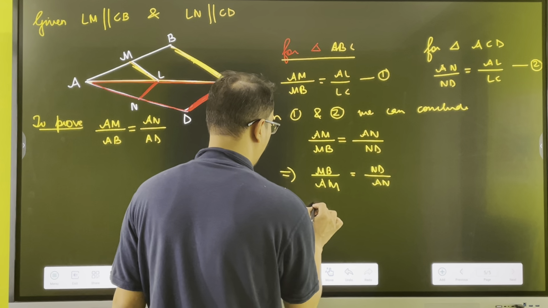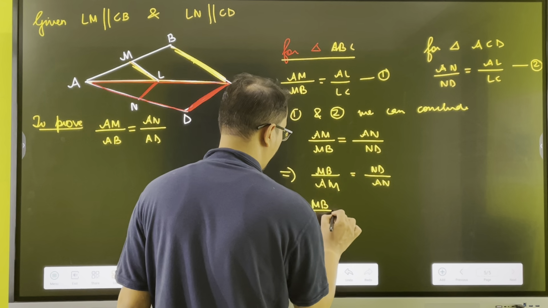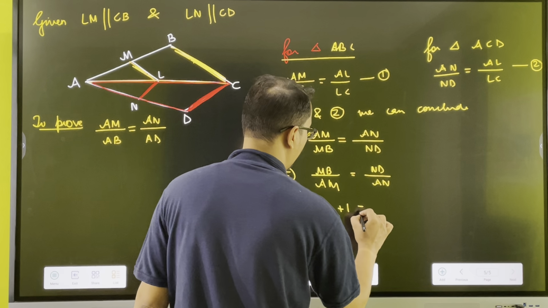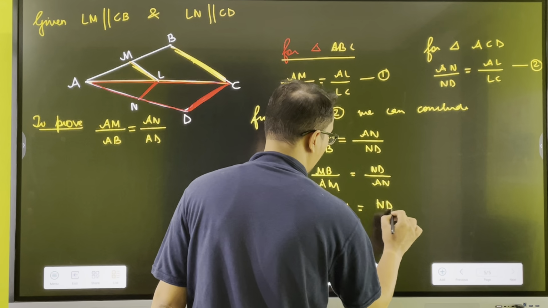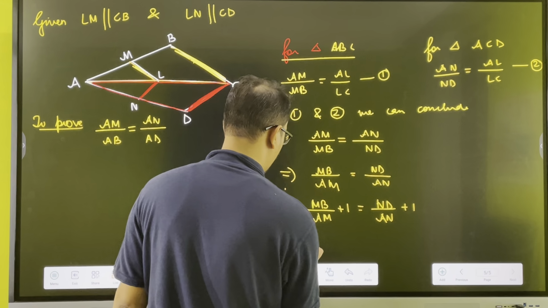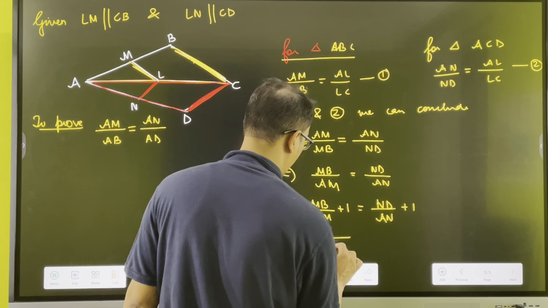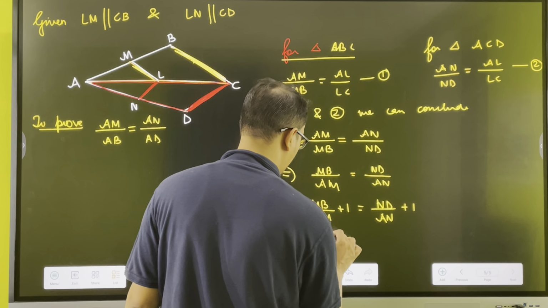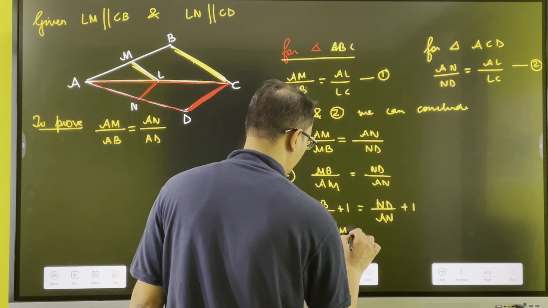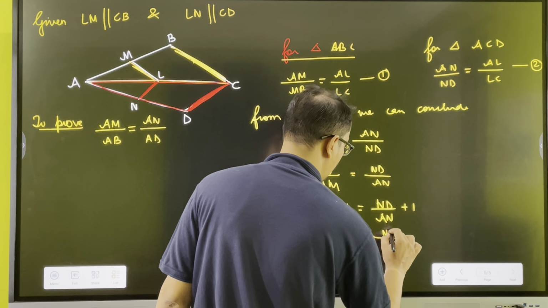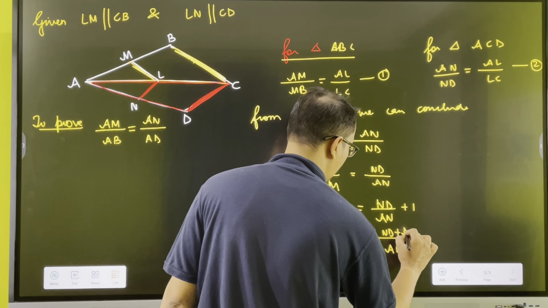Now we can write MB by AM plus 1 equals to ND by AN plus 1. So taking LCM, this will become MB plus AM equals to ND plus AN.